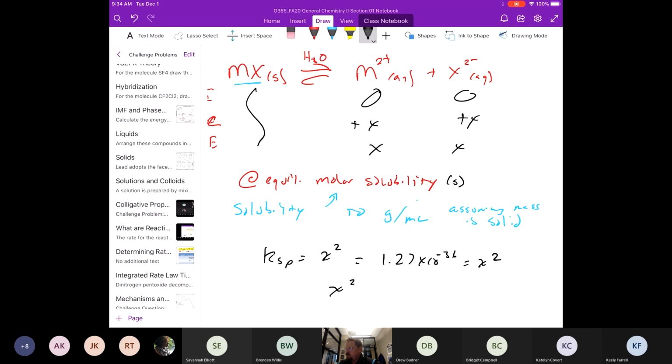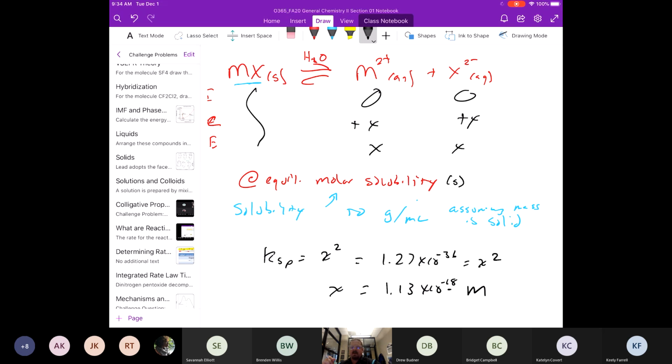So X, I can do that math by skipping a step, is going to be equal to 1.13 times 10 to the negative 18th molar. We can all agree 10 to the negative 18th is a really small number.